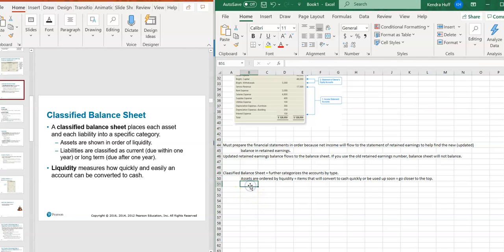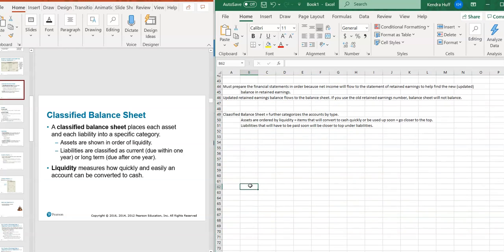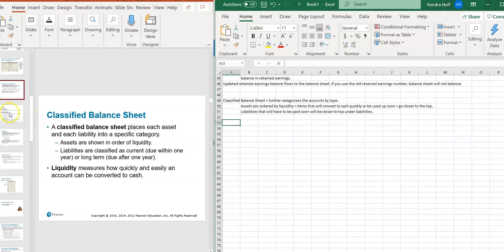And then liabilities that have to be paid sooner will also be closer to the top in the liability section. Now we're actually going to give names to these classifications. So our assets, let me just move on and do that right here.